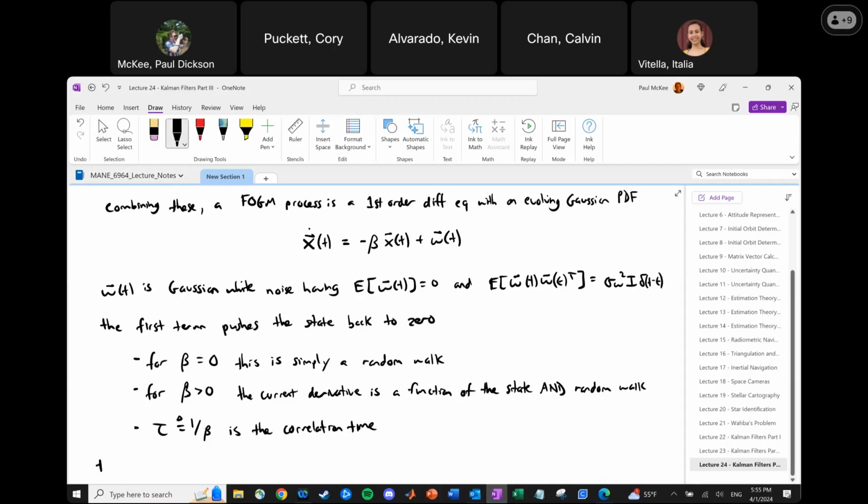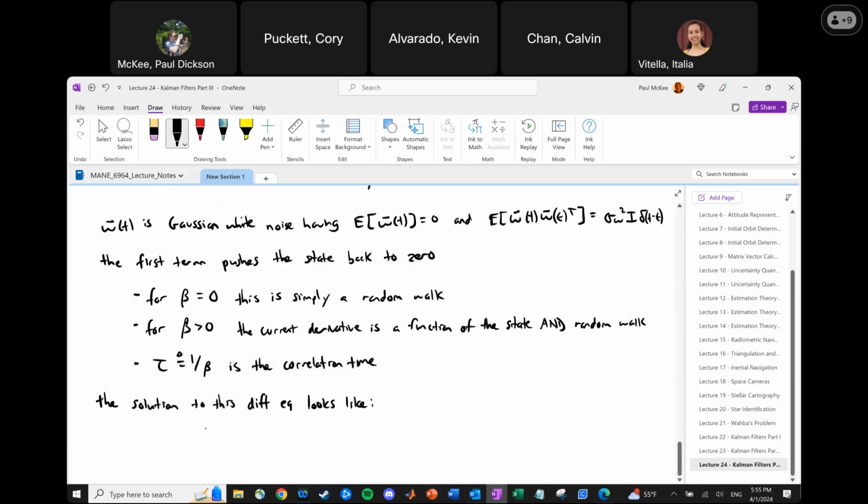So the solution to this differential equation looks like, and this is probably not going to be a shock to you, x of t is equal to x of t naught times the exponential function of negative beta times (t minus t naught).